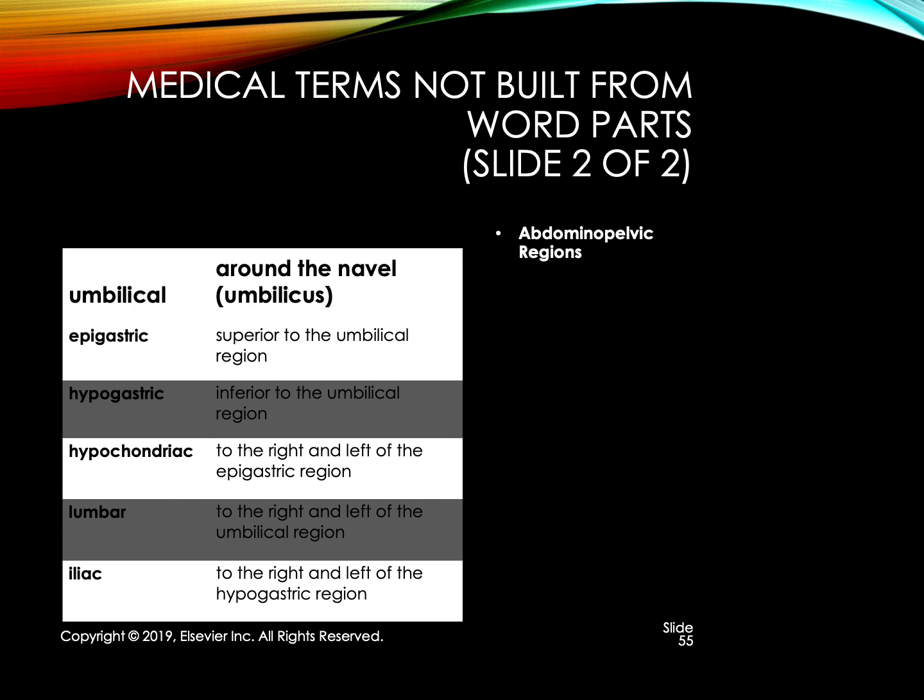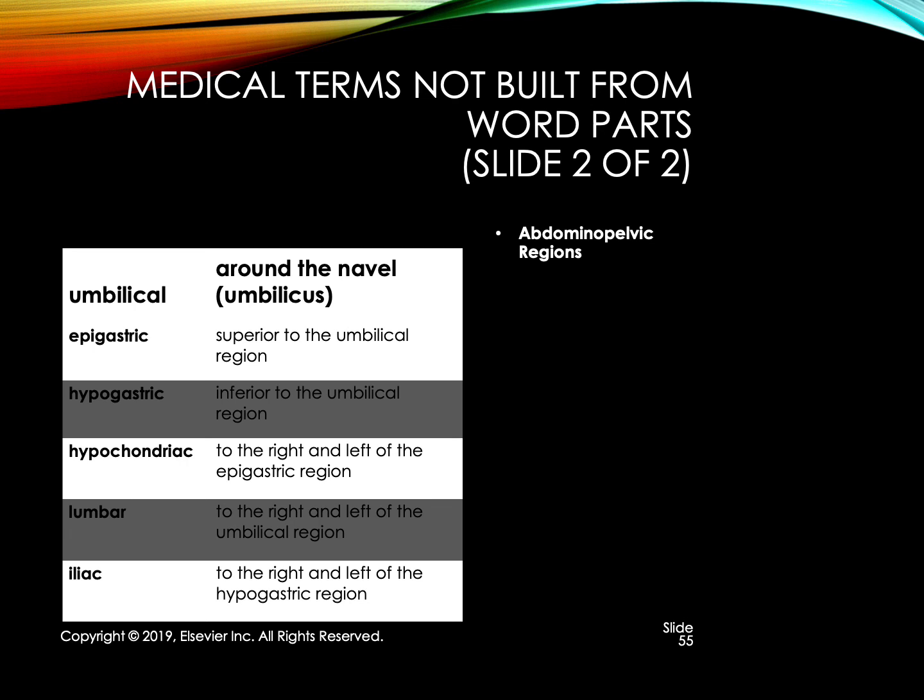Hypogastric is meaning below the umbilical region or below the stomach. Okay, hypochondriac regions. No, this isn't somebody that thinks they're sick all the time, but they're really not. This refers to the right and left epigastric regions, so right below the ribs.